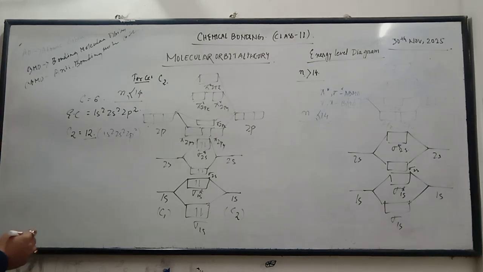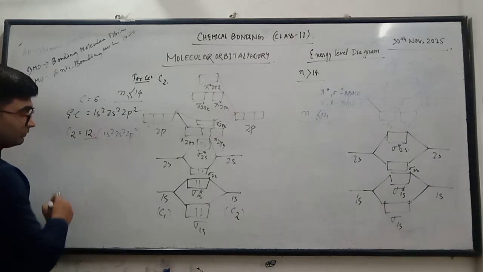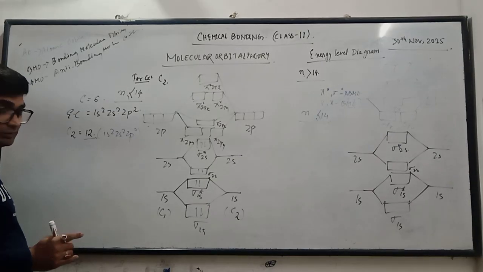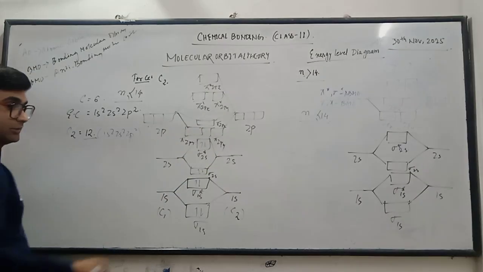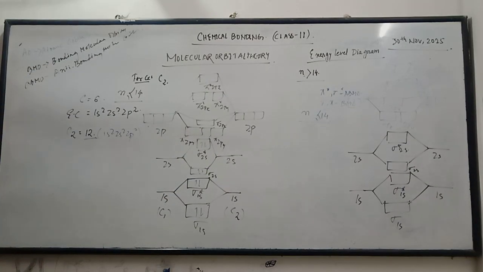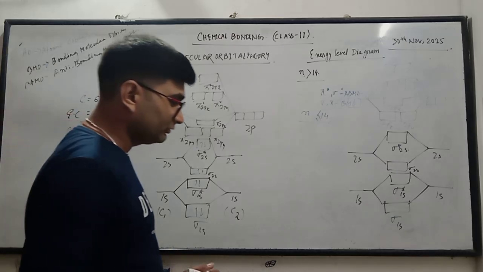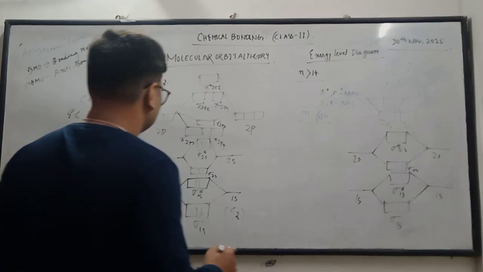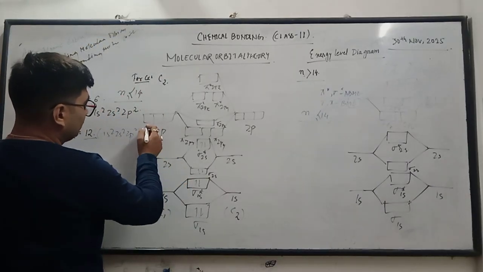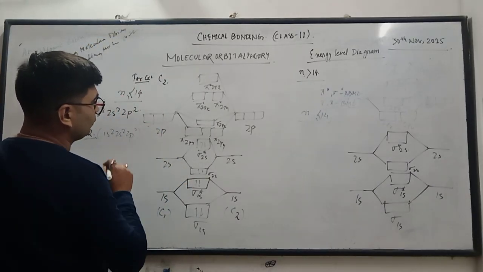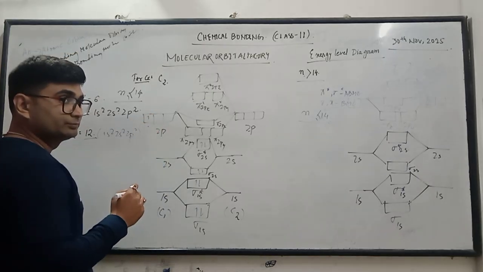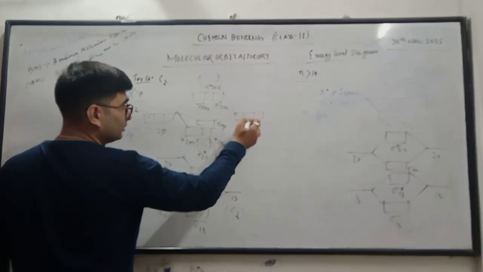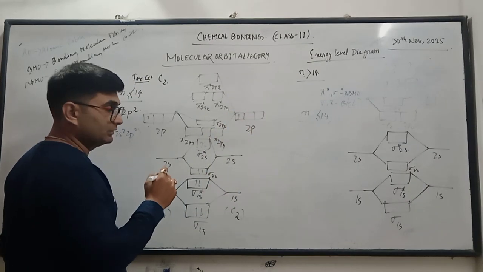Now we should also remember that the total number of electrons is 12. So here it is 2, 4, 6 and 8. So till now we have placed 8 electrons, and how many electrons are we left with? 4. So now, if we go for the p orbital, then one will be here, and this orbital also has one electron here.